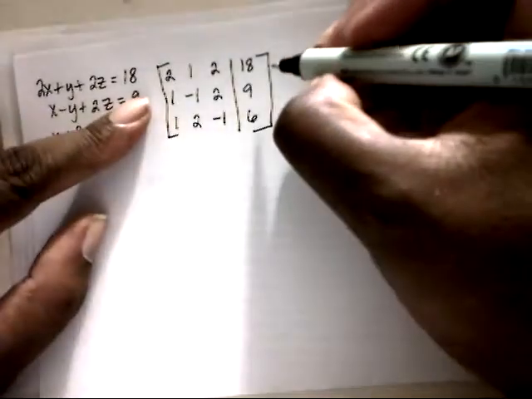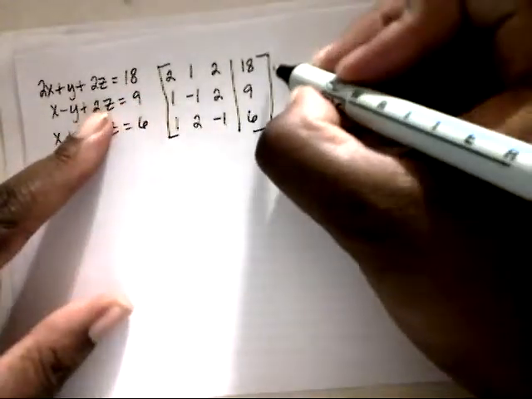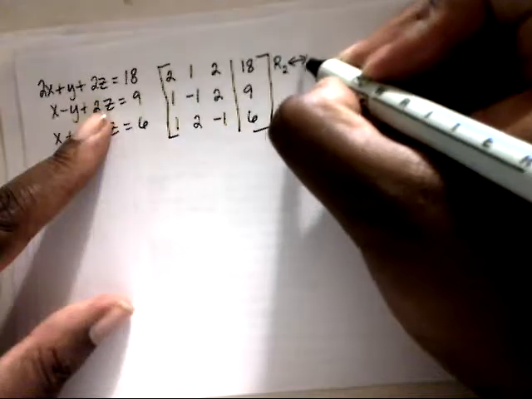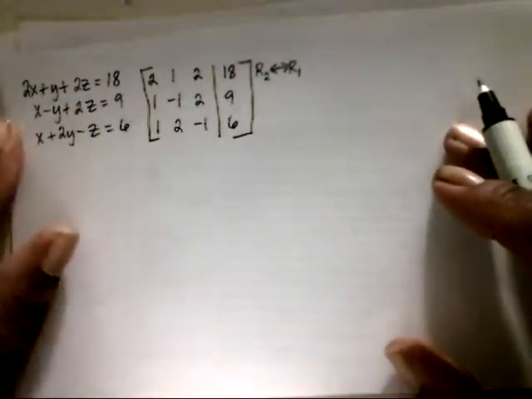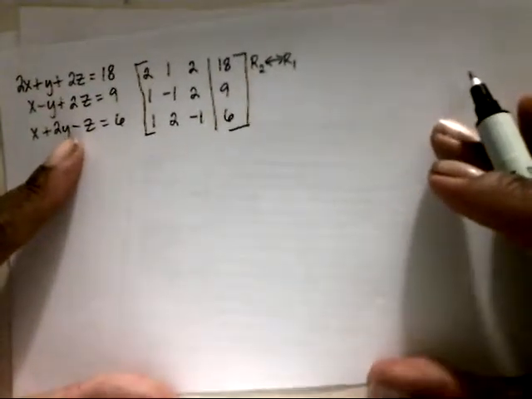Now, there are some things I'm going to do here. I'm going to start off. I want a 1 in this first row, first column, and I've got a 1 here and a 1 here. So I'm going to go ahead and interchange the first two rows. Row 2 is going to be interchanged with row 1.